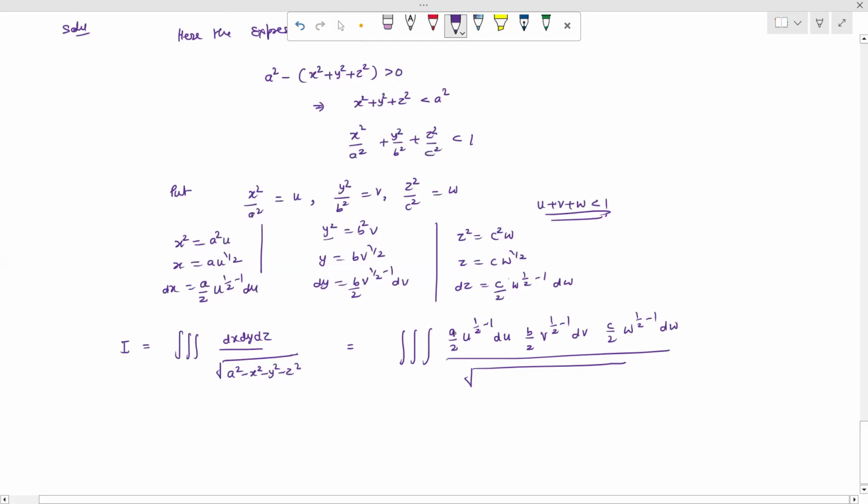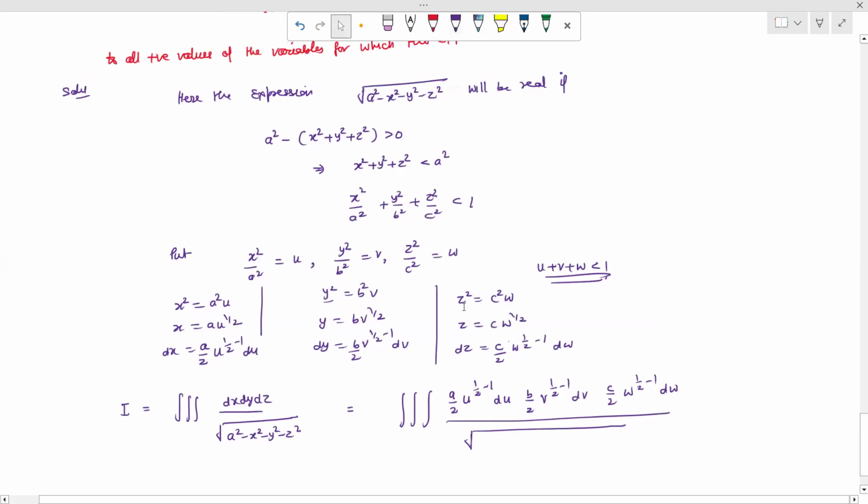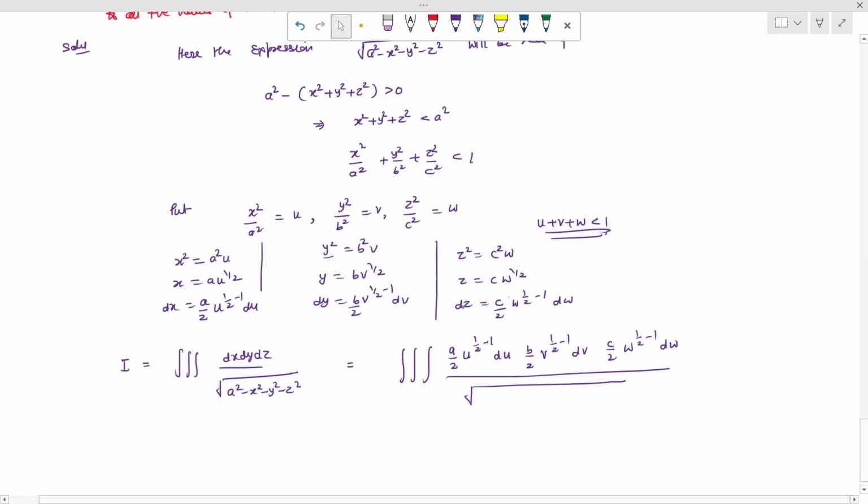So this can be converted into the form of x upon a. We can take a square as common.